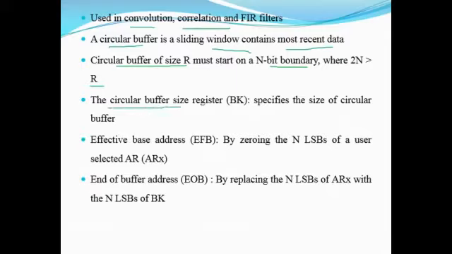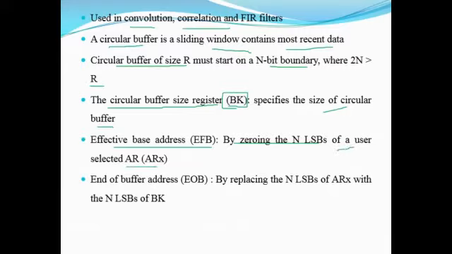The circular buffer size is named BK, and BK specifies the size of the circular buffer. Then the effective base address EFB is obtained by zeroing the N LSBs of a user selected ARX.